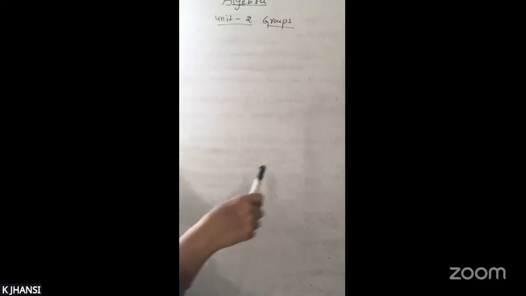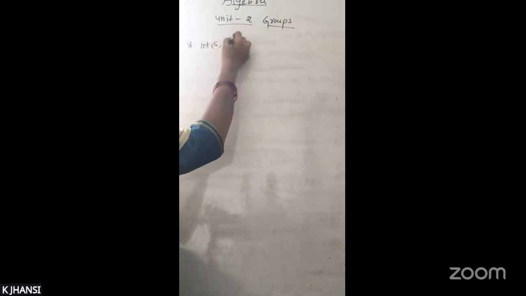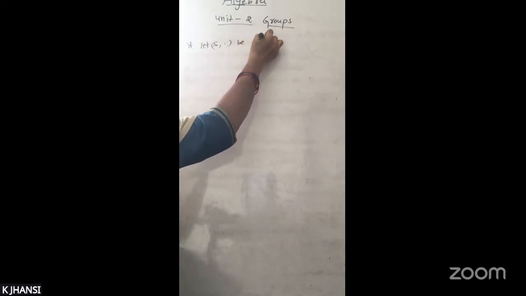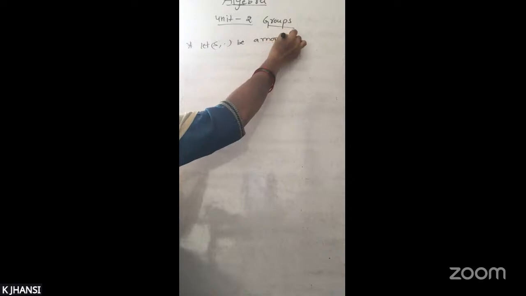Next, how do we find the inverse of an element? Let (S, ·) be a monoid.